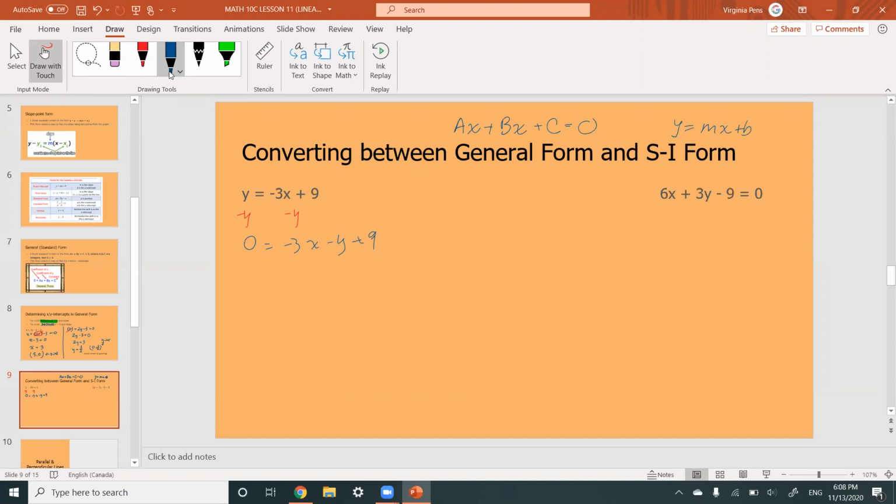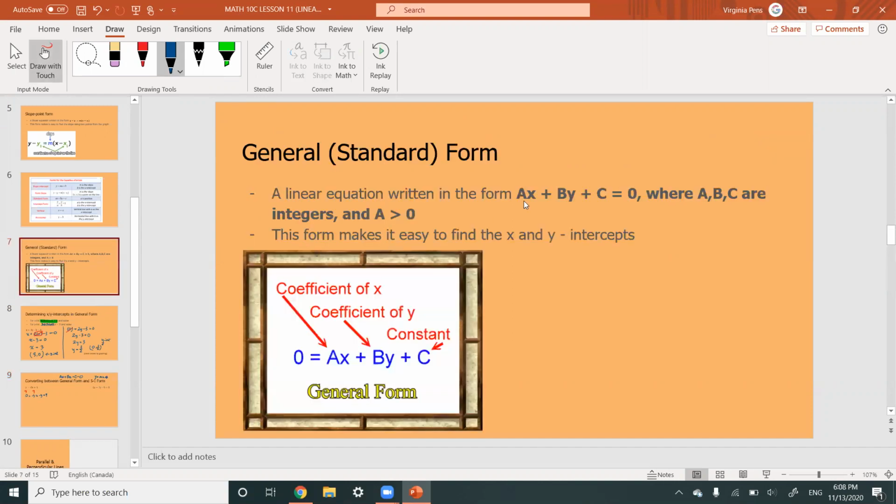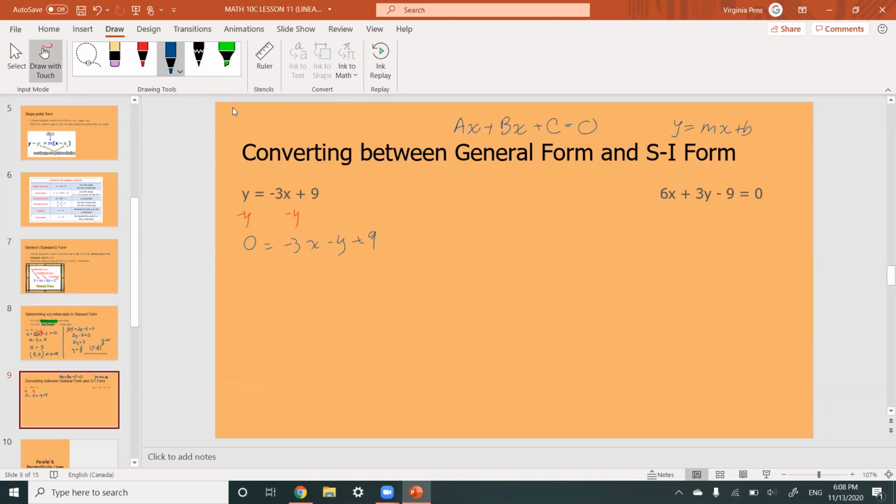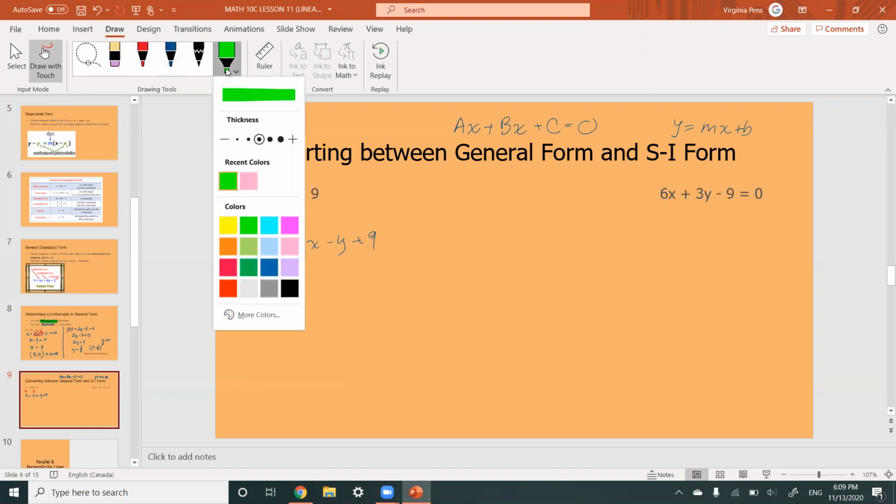Now are we done? No, not yet, because remember in the earlier slide we had a bunch of restrictions for what our variables could and couldn't be, right? And one of them was that A had to be greater than 0. Well, in this case, A is negative. It's -3, right? Let me highlight.